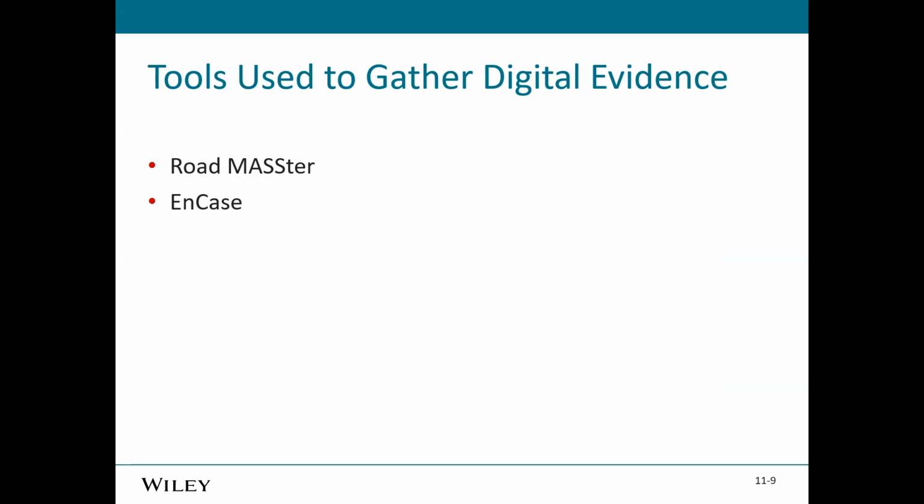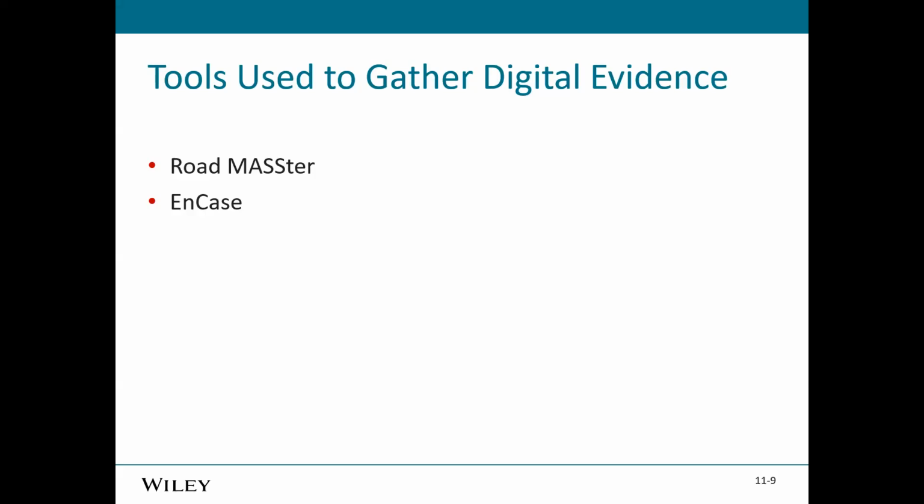So here's a couple of tools that your textbook has given you. I've never used either of these, but there's Roadmaster and EnCase. Basically, Roadmaster is a portable computer forensic lab that can be used to acquire and analyze electronic data, preview and image hard drives, remove and erase stored files and programs from the hard drive.